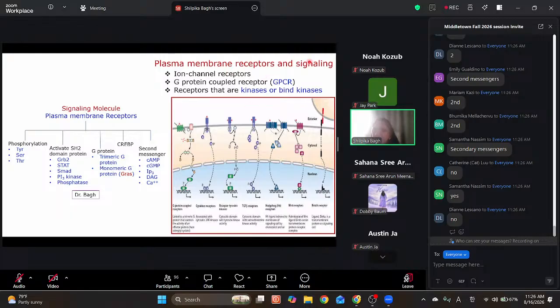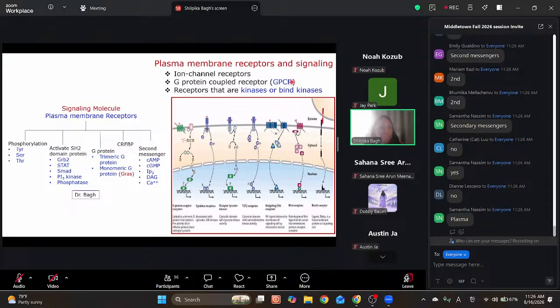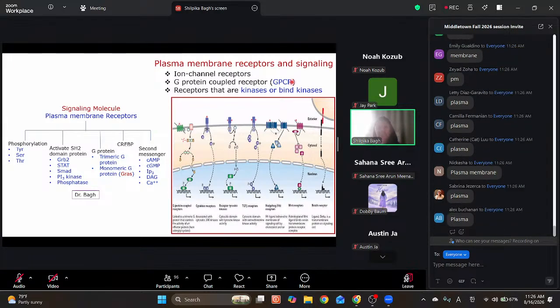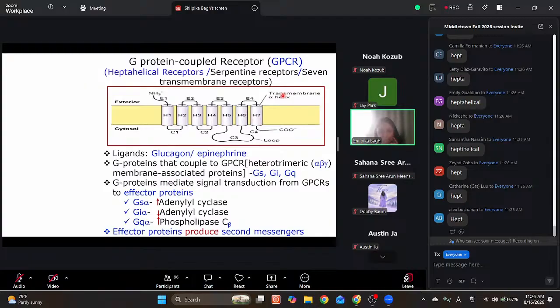What do you mean by G protein coupled receptors? Are they intracellular or plasma membrane? They are plasma membrane. And in the plasma membrane, G protein coupled receptors are heptahelical or tyrosine kinase? Heptahelical. So you have to be specific when you see them anywhere in your text or slides.